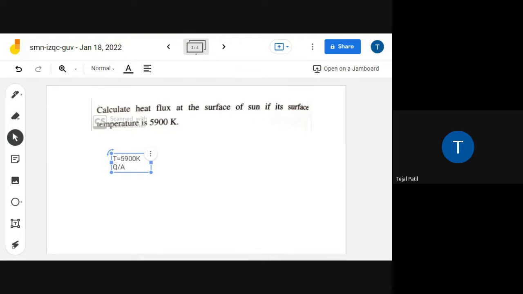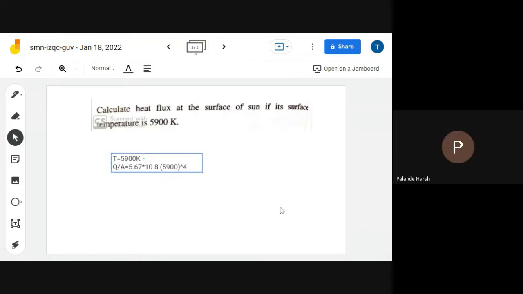It is directly proportional to the fourth power of the temperature. So it will be equal to sigma, 5.67 into 10 raised to minus 8, multiplied by T raised to power 4, because the sun is considered a black body. So T is 5,900 to the power of 4.